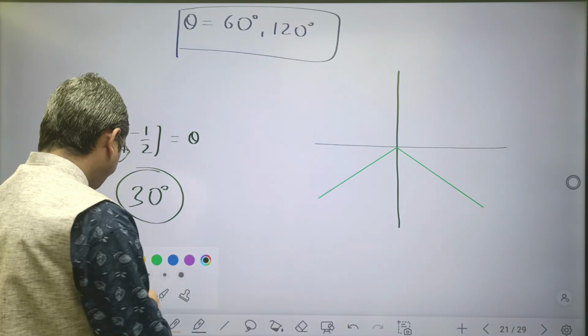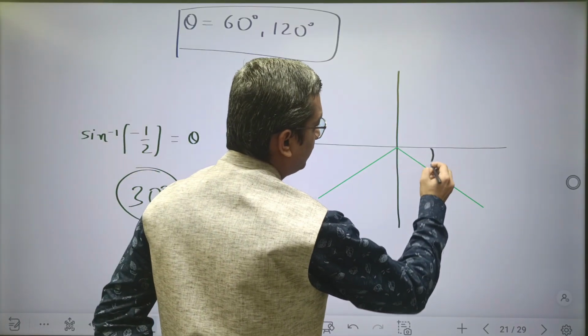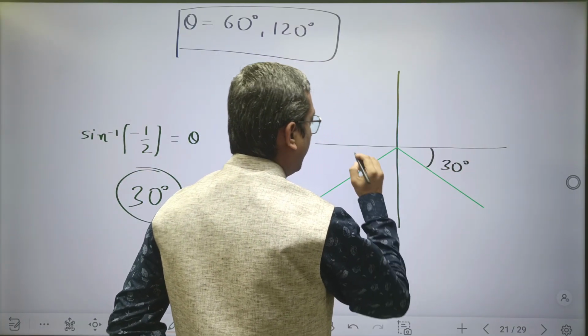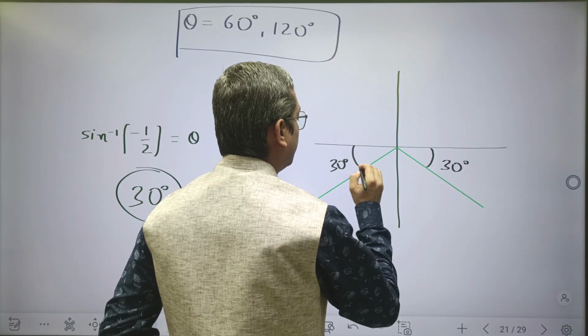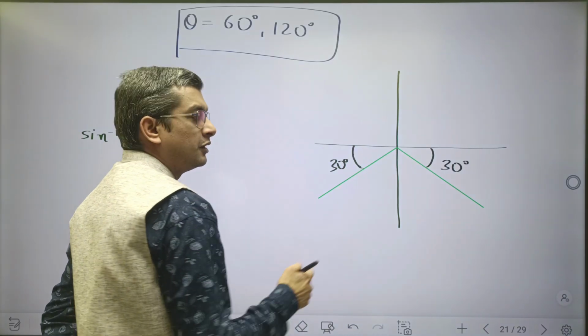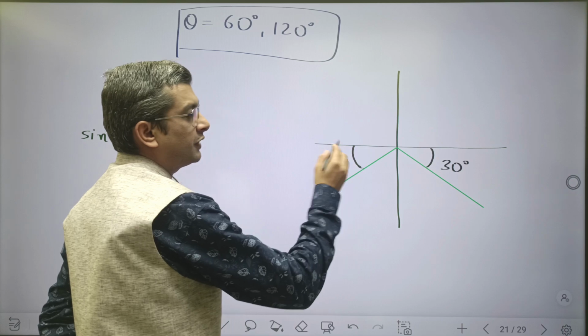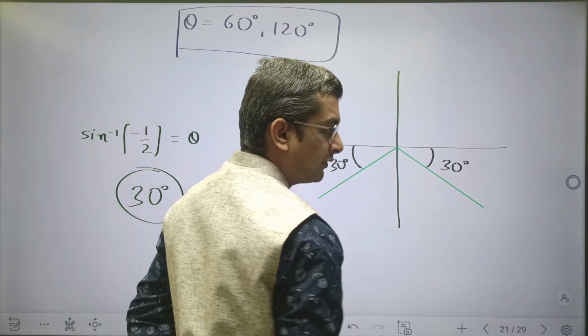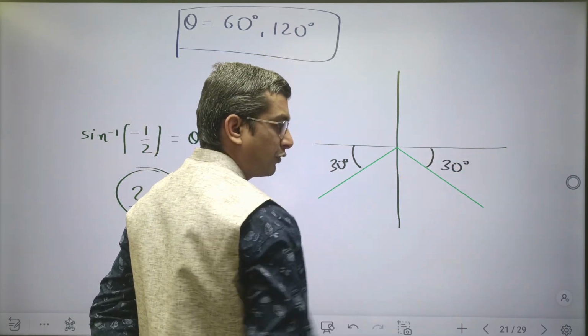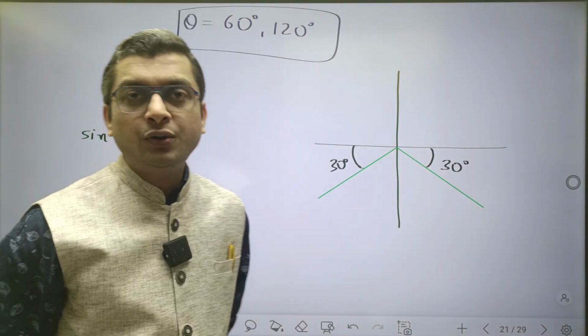So here this angle is 30 degrees and this angle is 30 degrees. Since this line is in the third quadrant, we take its angle from the negative x-axis. This line is in the fourth quadrant, so we take its angle from the positive x-axis. This is step number 2.